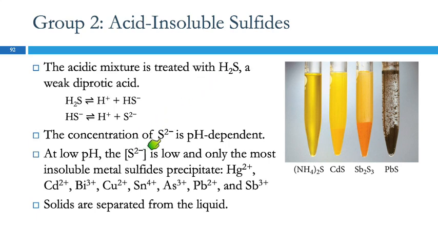The concentration of sulfide will be pH dependent. Because this is a diprotic acid, it loses 1 hydrogen, giving us a hydrogen sulfide ion, and then that loses another hydrogen to give us a sulfide. So we can adjust the concentration of sulfide by changing the pH. So these guys will precipitate with a low concentration of sulfide.